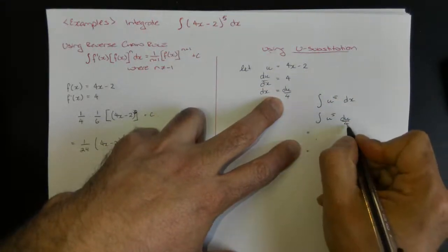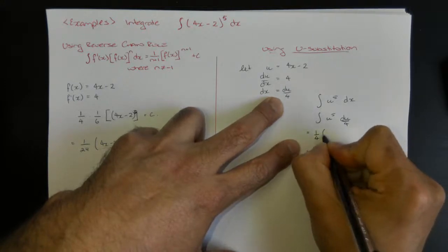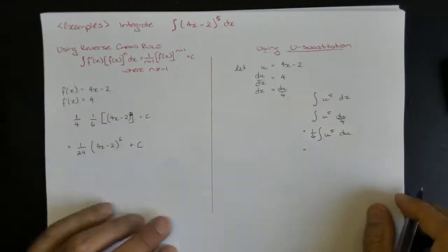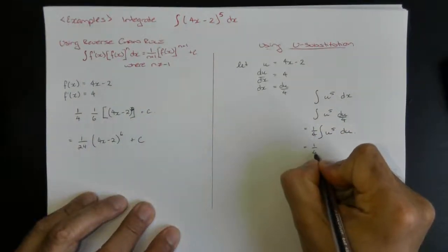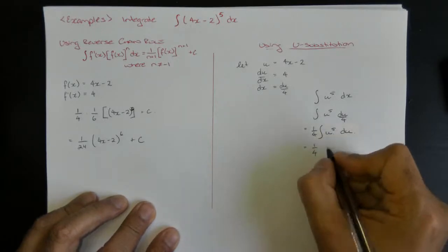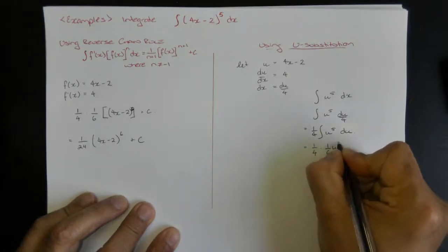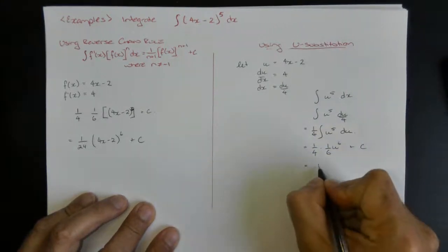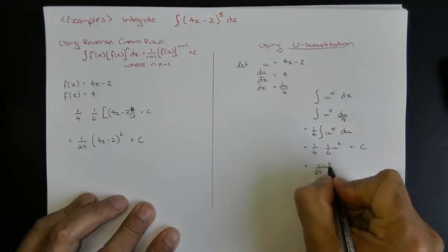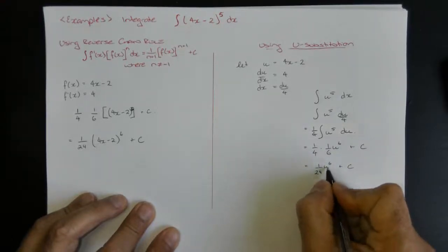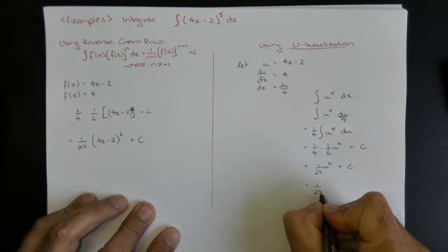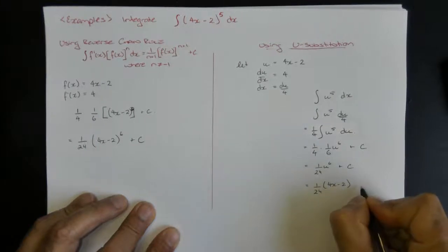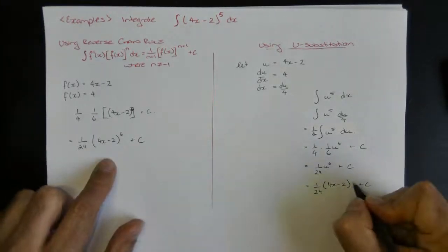Okay, and I can take that outside, giving me this, which is much better. So I get a quarter. I'm going to integrate u to the power of 5. Okay, fixing this up, I get 1 over 24 u to the power of 6 plus c, but we didn't really start with u, so we're going to sub u back in. I'm going to replace it. And we get the same solution.